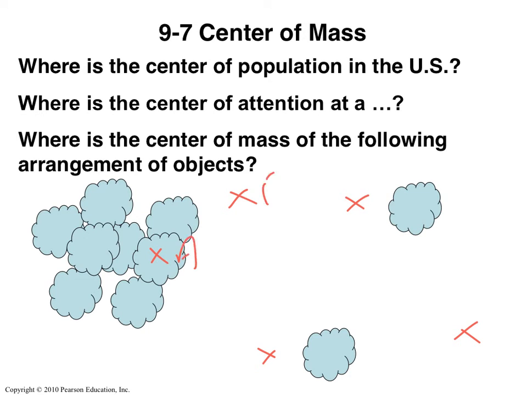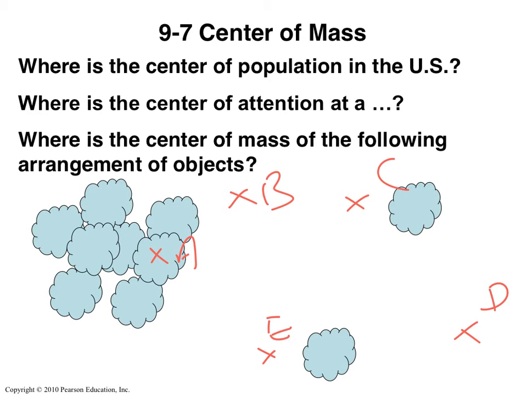A, B, C, D, or E? A. You say that's the center of mass because most of the mass is around this point, right? It's near that point.